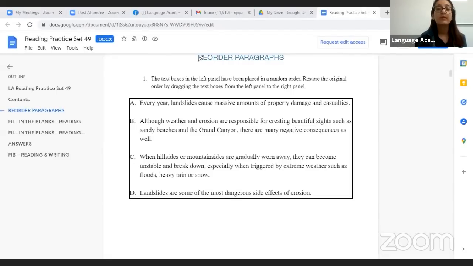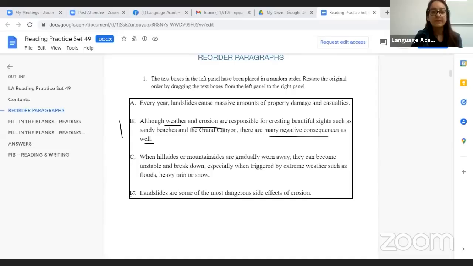So you people are going wrong in finding the general statement. The general statement is the one which tells you what you are going to talk about. The first sentence was B: although weather and erosion are responsible for creating beautiful sites such as sandy beaches and the Grand Canyon, there are many negative consequences as well. So there are many negative consequences of what? Weather and erosion. And then you explain those consequences.